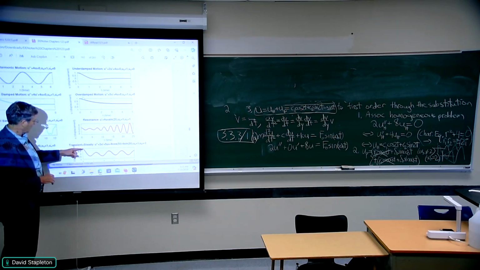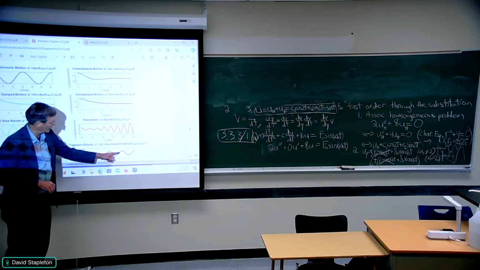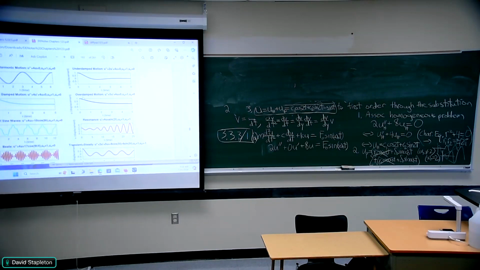So in a damped-driven system, initially there's something from the homogeneous term here, but eventually it just settles down into what looks like a sine wave. So those are the cases you can get out of damped-driven oscillation, if you will.